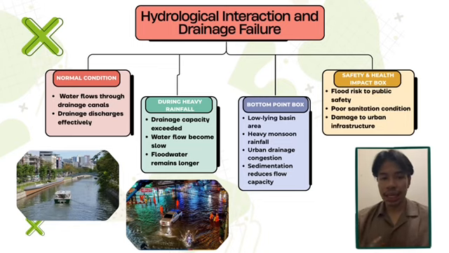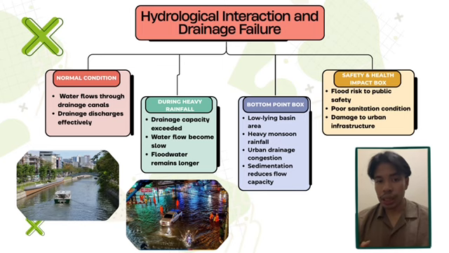This slide explains the hydrological interaction and drainage failure associated with land subsidence. Under normal conditions, water flows efficiently through drainage canals and is discharged properly. However, during heavy rainfall, the drainage capacity may be exceeded. Water flow becomes slower and floodwater remains for a longer period. Bangkok is particularly vulnerable because it is a low-lying basin area that experiences heavy monsoon rainfall.